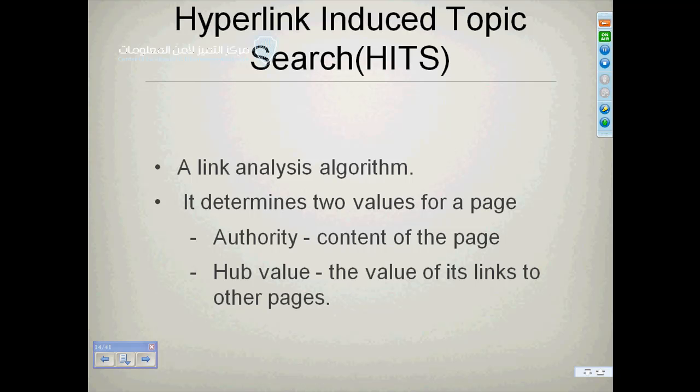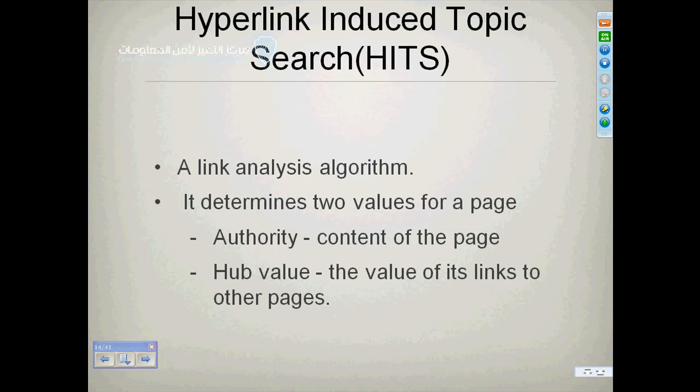Whereas this algorithm, called HITS, was introduced to determine the importance of a page in the context of a particular topic. So which pages are important for this topic, which pages are important for another topic, like that.